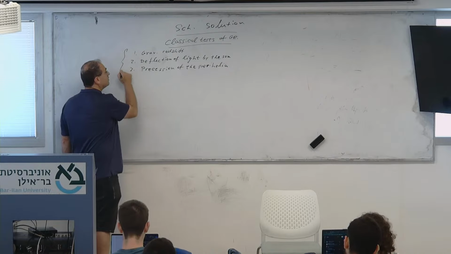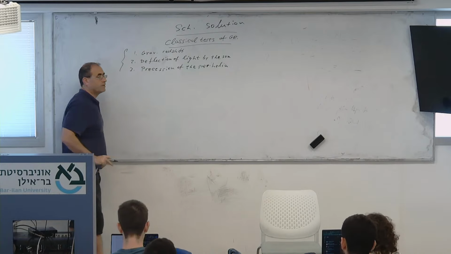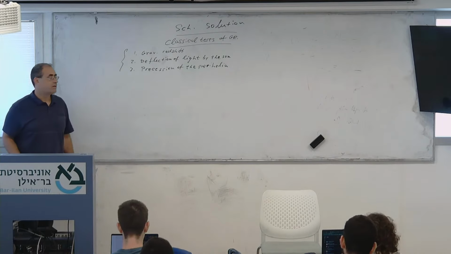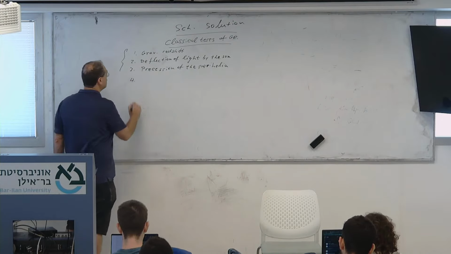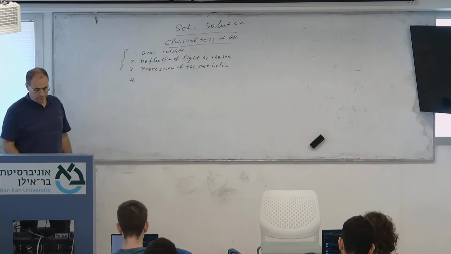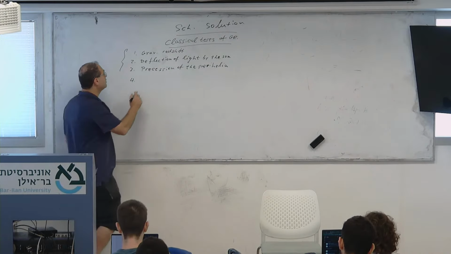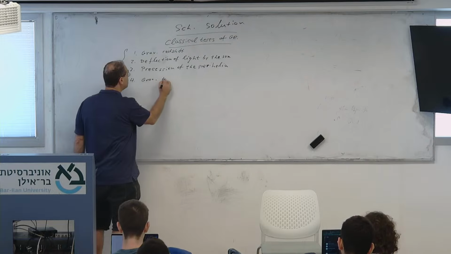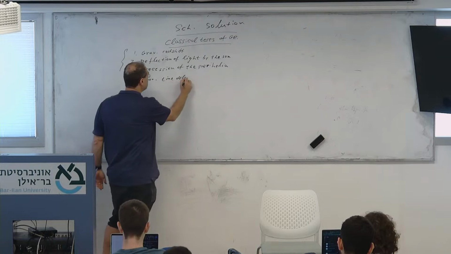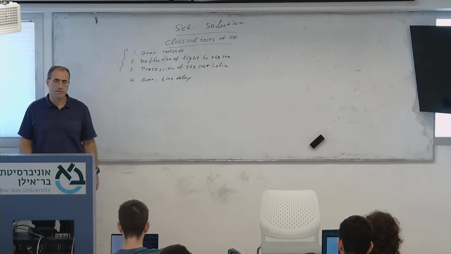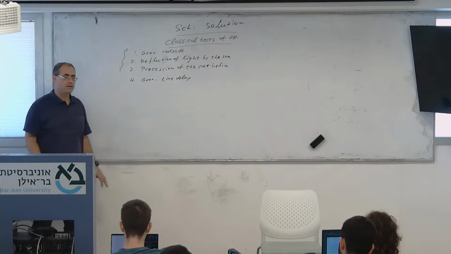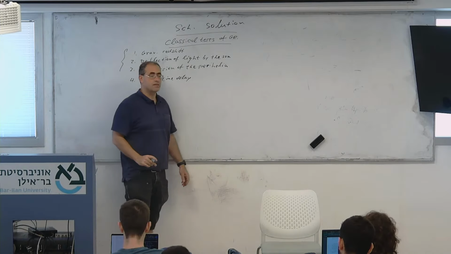These were the 3 classical tests that were proposed already by Einstein himself, after writing his equation and knowing the solution. The 4th one is gravitational time delay of light that is going in a gravitational potential. That's also known as the Shapiro time delay, after Irving Shapiro suggested that in the 1960s.